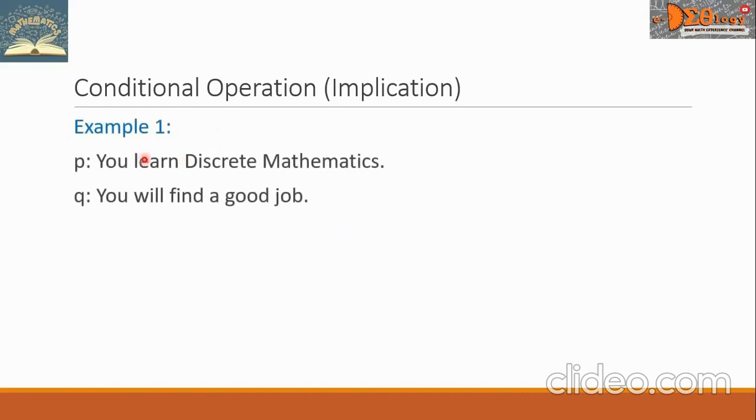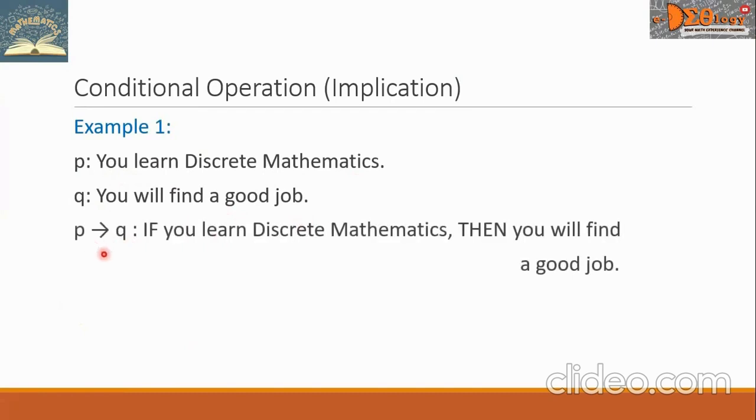Example 1. Proposition P: you learn discrete mathematics. Proposition Q: you will find a good job. P implies Q, we write: if you learn discrete mathematics, then you will find a good job.